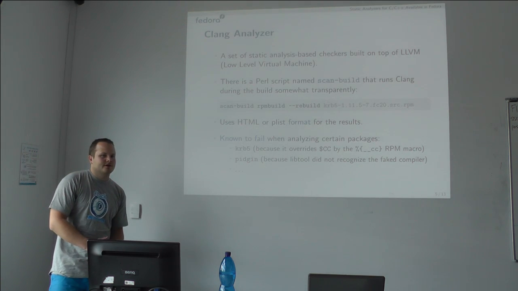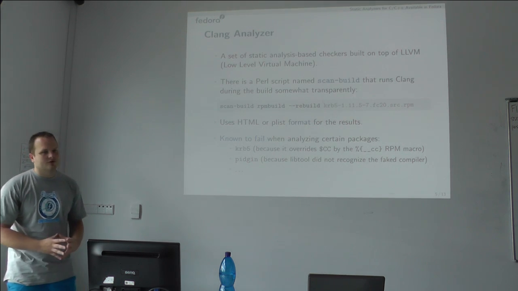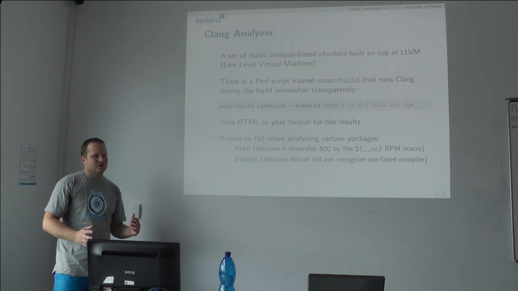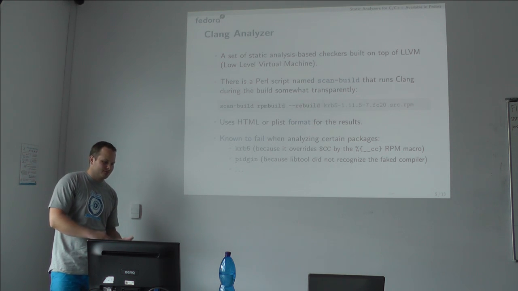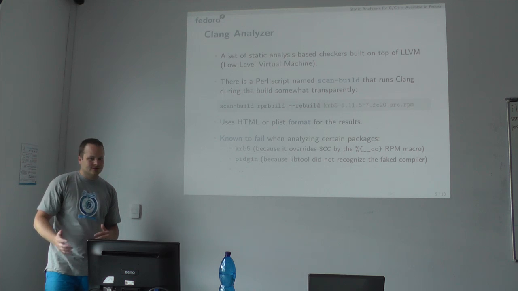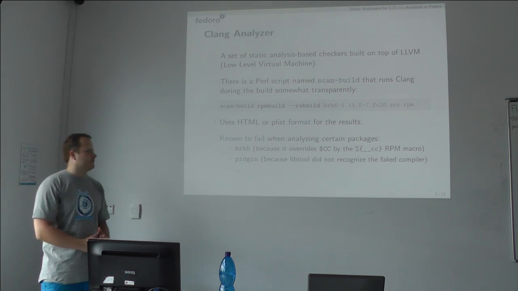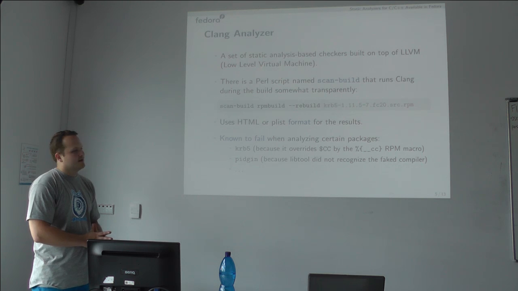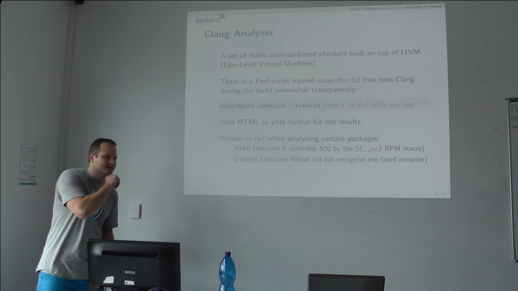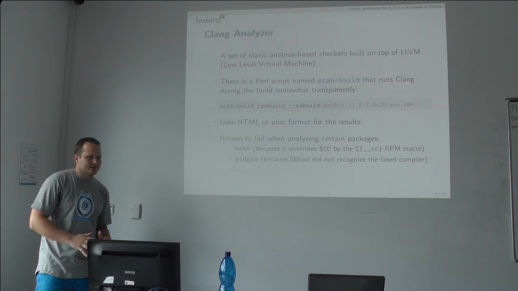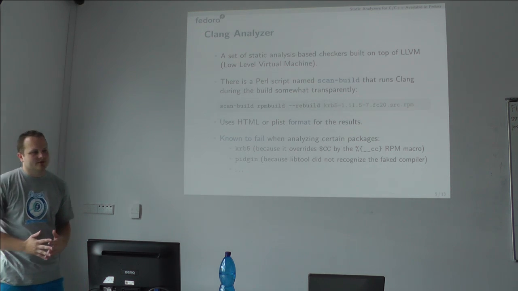The results are provided in HTML or Plist format, which is quite different from both what Cppcheck and GCC produce. So we have yet another format for representing the results. And another problem is that this scan-build script is known to fail for various packages.